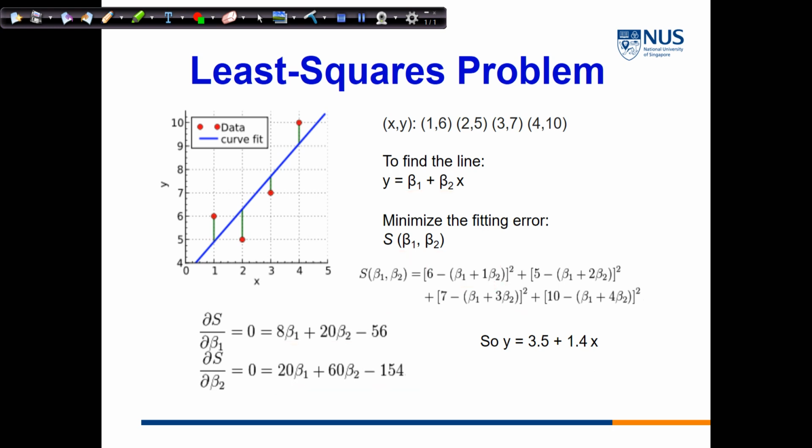So this is a simple case of how we use least squares to fit a straight line. When you have more data, the strategies are the same. And this is very useful in many disciplines for optimization problems. So here the key thing is optimization, minimizing the fitting error.